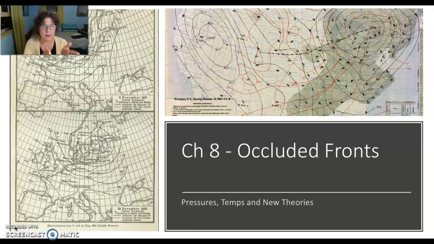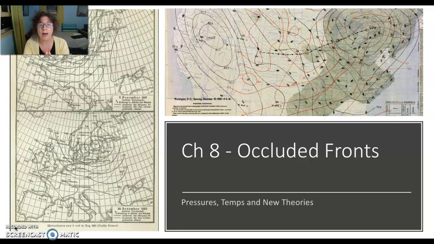Remarkable things. One is Europe, one is the United States, obviously. And as you see, there are no fronts on there. There are no triangular lines. There are no semicircles for warm fronts. There's no stationary fronts at all. This is before frontal theory was invented.